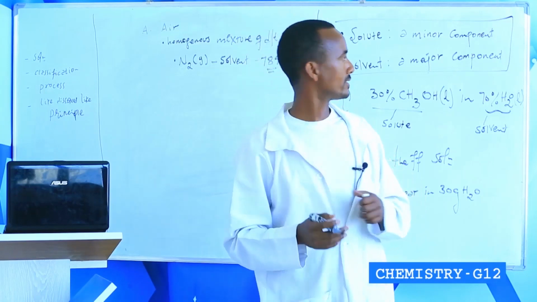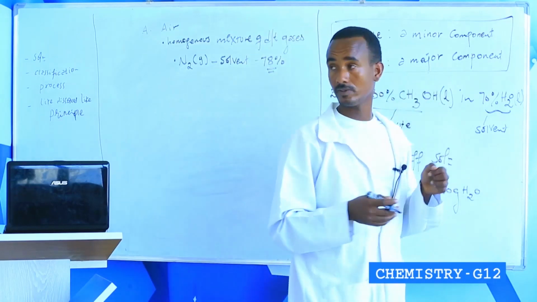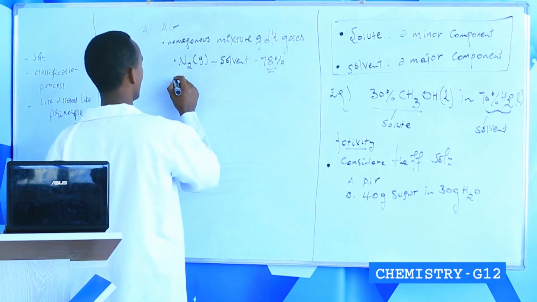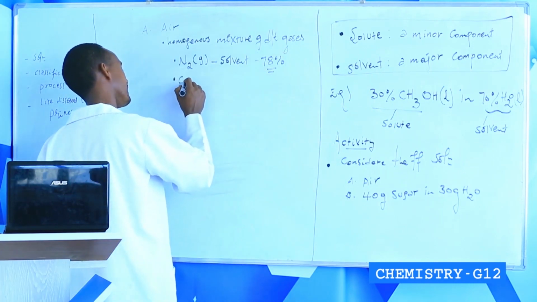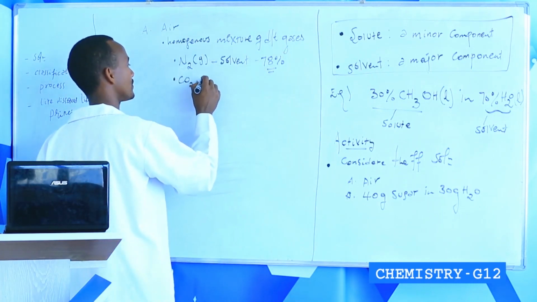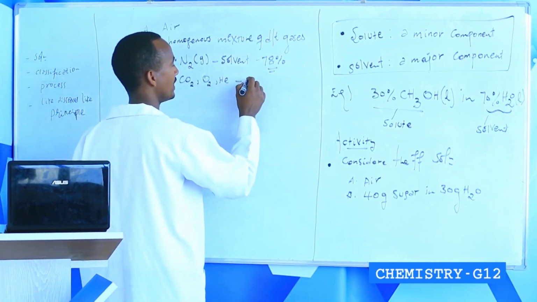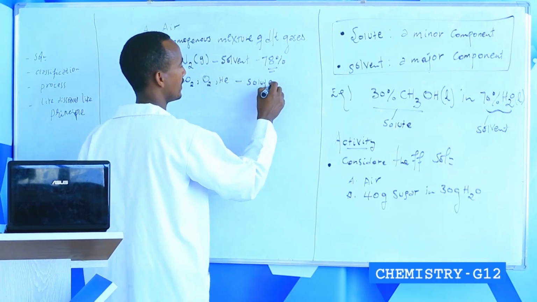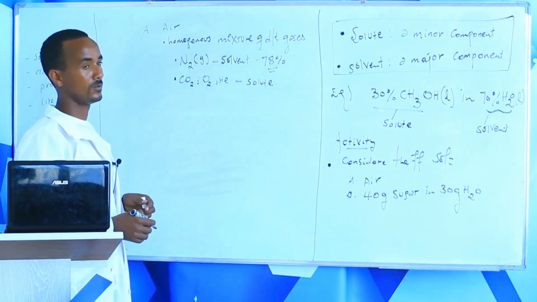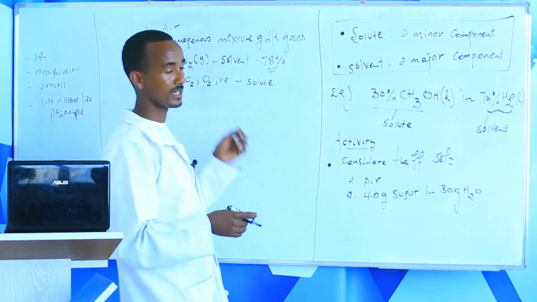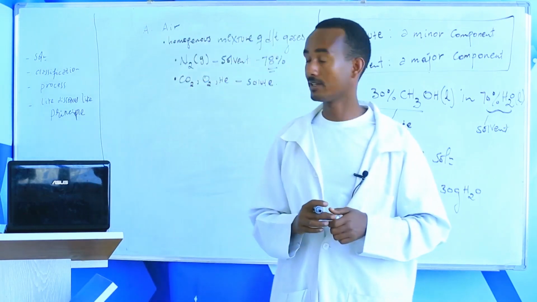Therefore, nitrogen gas is a major component. It acts as a solvent. And the other gases, for example carbon dioxide, oxygen, helium, and so on, are considered as solid. Okay? So, if your answer is just like this one, it's good work.